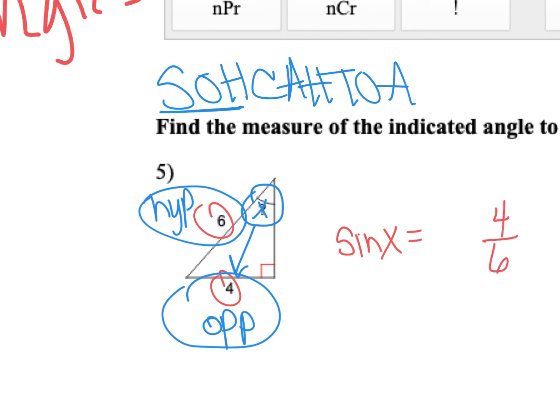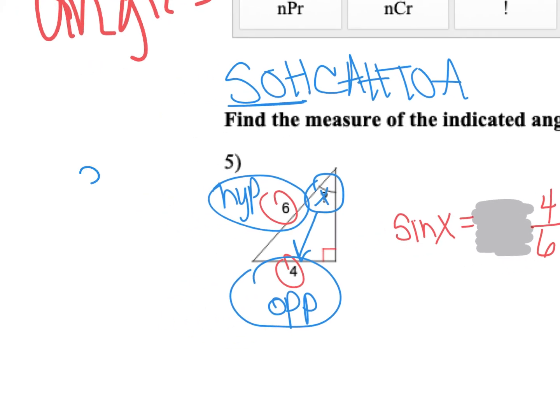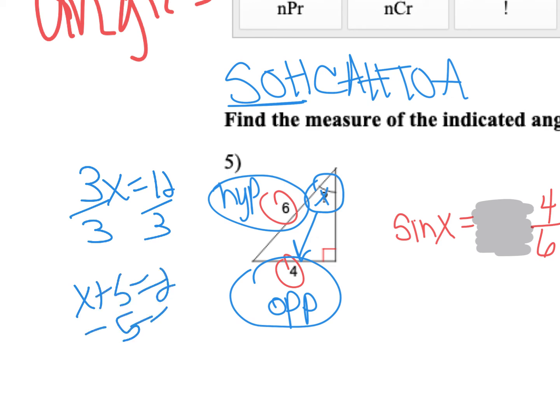And if you notice right now, I'm leaving a little space here in front of the ratio for a reason, okay? So then I need to get x all by itself. So just like when you solve any kind of an equation, if you have 3x equals 12, you divide by 3 to get x all by itself, or if you have x plus 5 equals 2, you would subtract 5 from both sides.